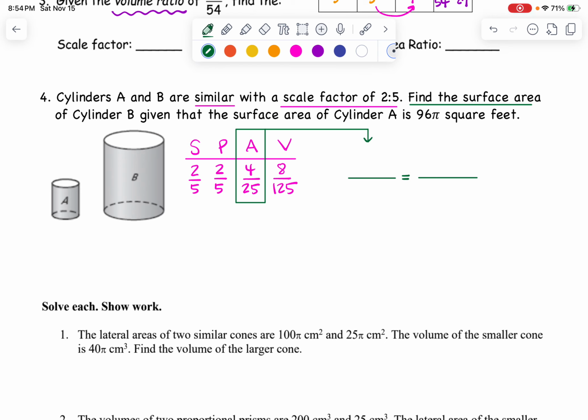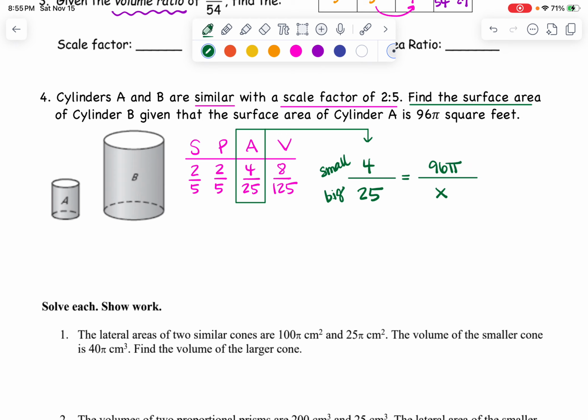If it was a perimeter question or whatever, I would be doing the perimeter ratio. But because this is surface area, I know it has a 4 to 25 ratio because I've already made my SPAV chart. Now, the other thing I happen to notice, and you want to make a mental note of this, is that we are clearly doing small to big because the smaller numbers are on top and the bigger numbers on the bottom. So when it says find the surface area of cylinder B, which is clearly the bigger one, I'm going to put that on the bottom, and then cylinder A is 96 pi.